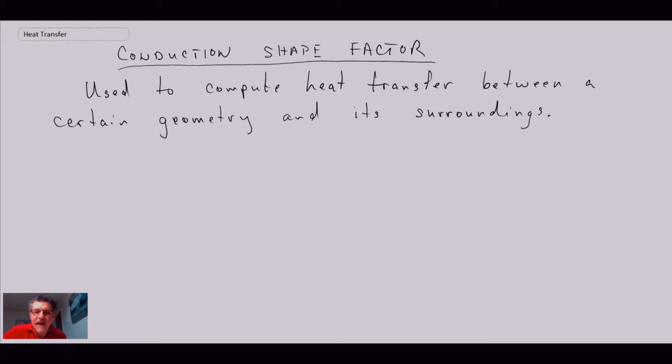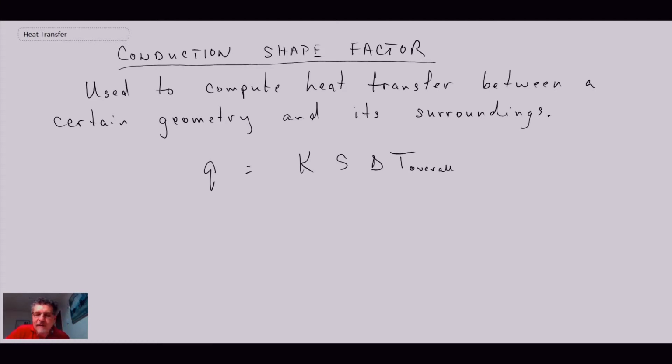So the shape factor is a technique or method that enables us to compute heat transfer between a certain geometry and its surroundings. The way that we do this is we have an equation, Q equals k S delta T. So in a way, it's kind of like Fourier's law, but delta T is overall.